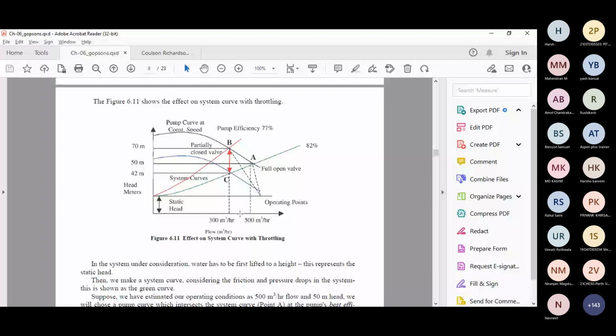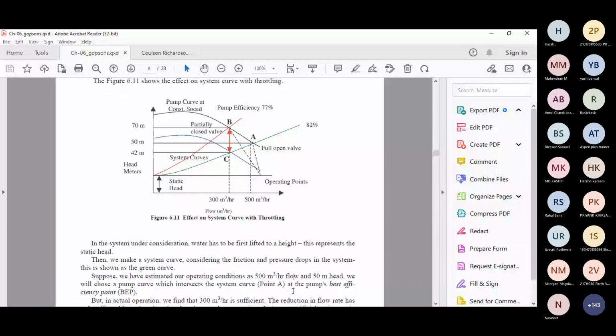So suppose we have estimated our system operating condition as 500 meter cube per hour of flow rate and 50 meter of head. That is our desired operating point, our desired flow rate and head, right?